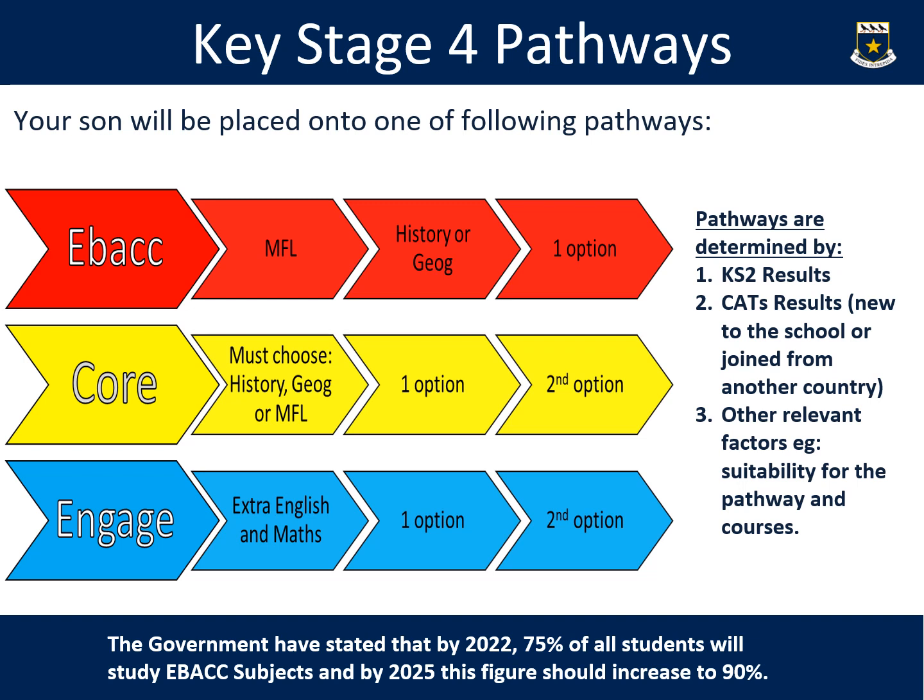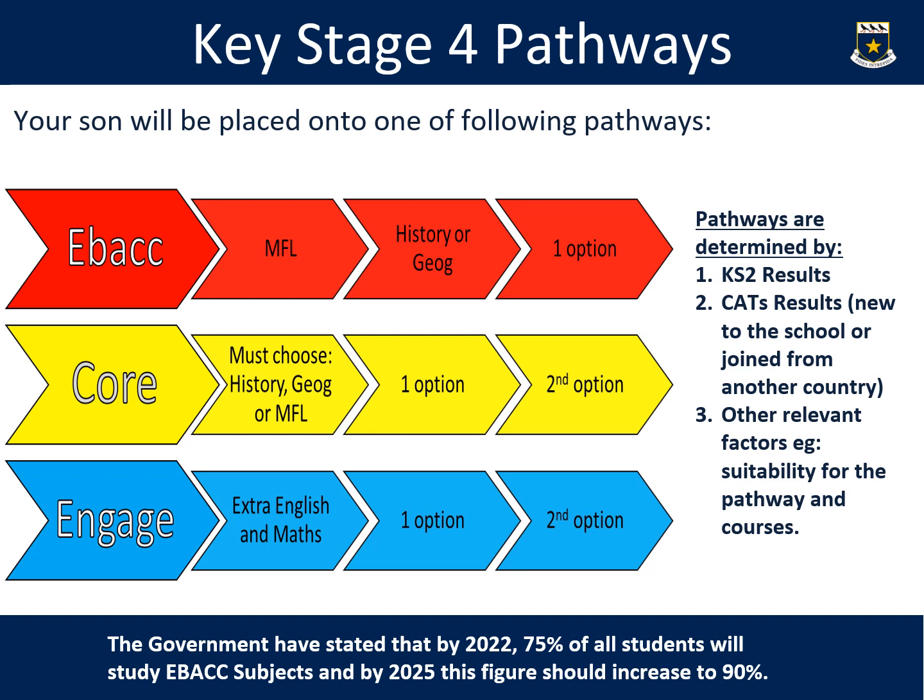So looking at these pathways in a little bit more detail, if your son has been chosen to go onto the EBAC pathway, what he'll be looking at doing is a language, so that will either be Spanish or Mandarin, but please note that they can only choose a subject that they would have studied at Key Stage 3.